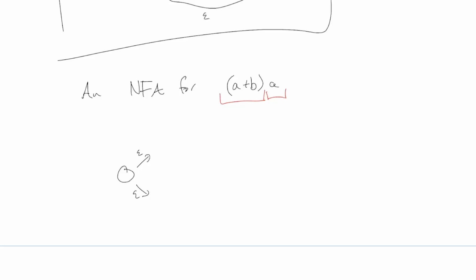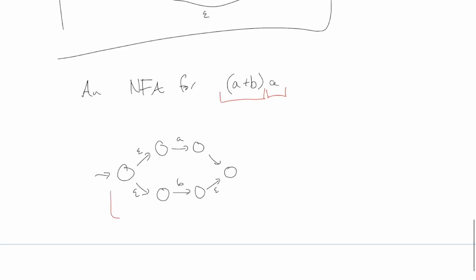The first one is just A, so it's like that. The second one is just B, and then we tie them back together into a single final state. So what I've drawn so far, that's the A plus B part. This is A plus B, right? And then I want that to be followed immediately by A. And so I can just do that. So this right here is sort of the A.